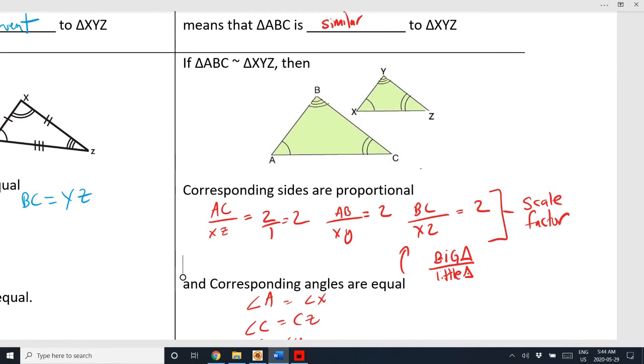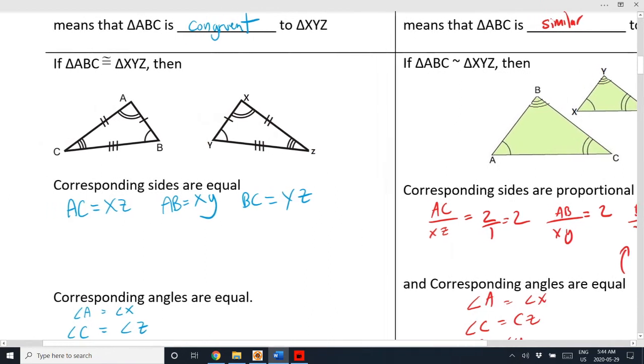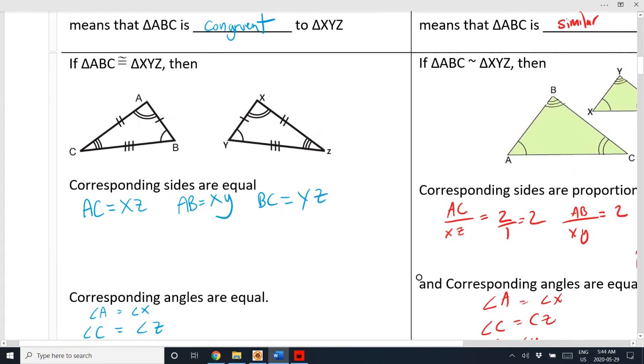We're going to use this idea to solve 4 different problems. The scale factor for congruent triangles, if we were to measure the distance between C and B and Y and Z, for example, we'd see if we put C over B divided by Y over Z, our scale factor here, because they're exactly the same, is going to be 1.